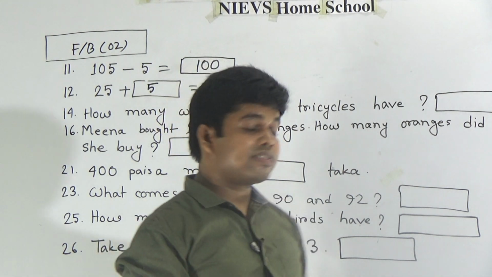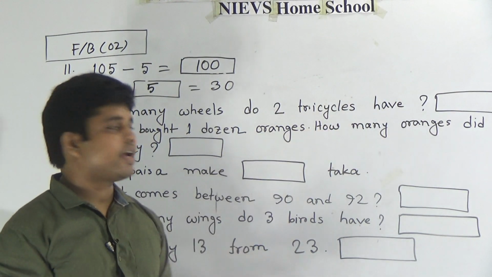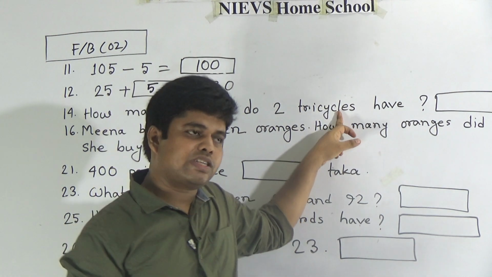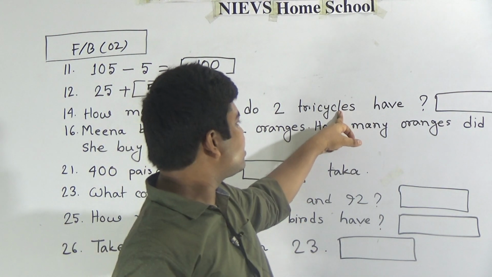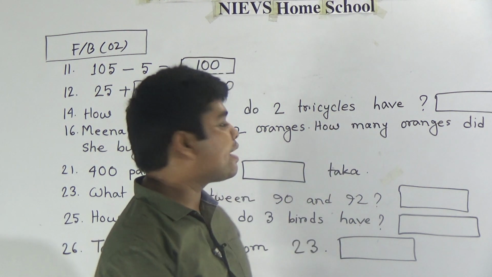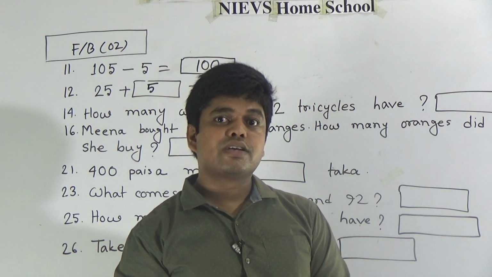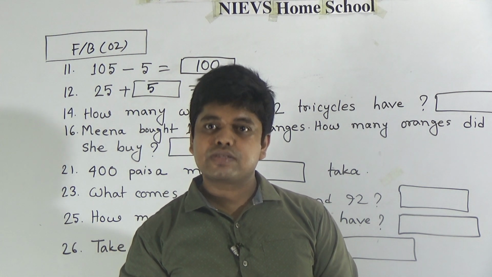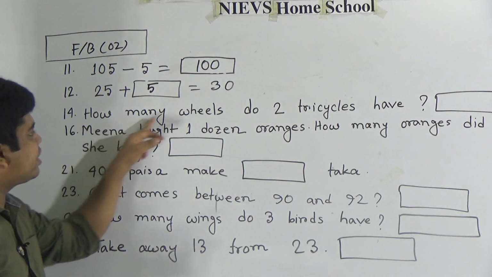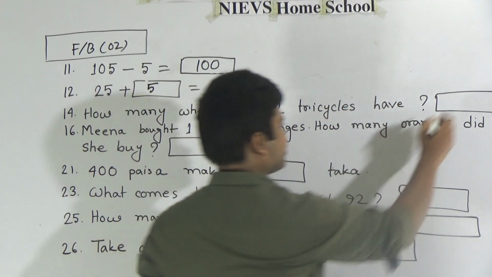Just like that, 2 tricycles are given, and we need to find out the wheels of these 2 tricycles. Suppose we consider 2 tricycles as 2 rickshaws. So, how many wheels do 2 rickshaws have? 2 rickshaws have 3 and 3, and it will be 6 wheels. So, from this question we can answer how many wheels do 2 tricycles have? The answer will be 6.